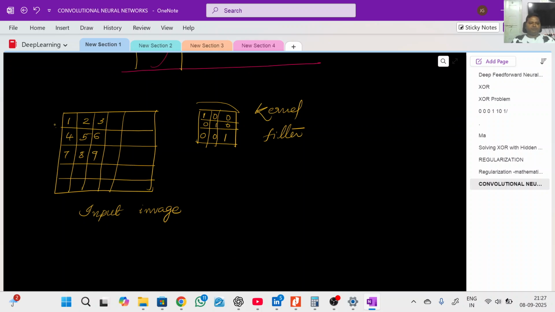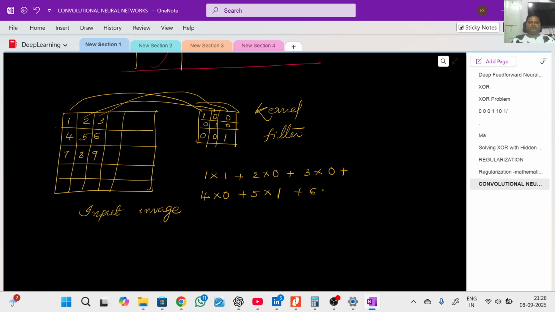When I place my kernel here, I take element-by-element multiplication: 1 into 1, plus 2 into 0, plus 3 into 0, plus 4 into 0, plus 5 into 1, plus 6 into 0.